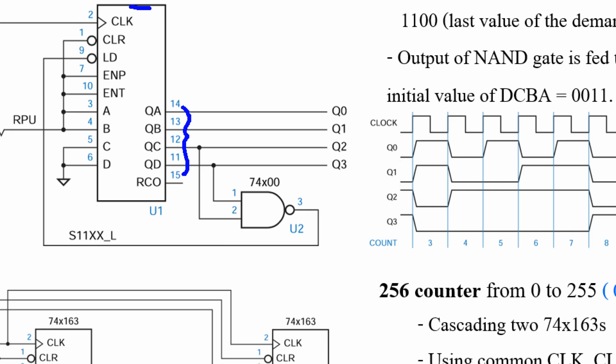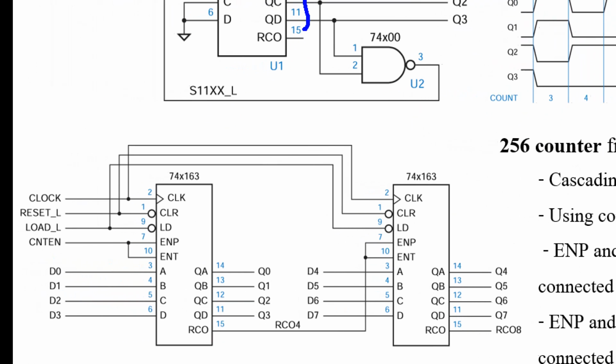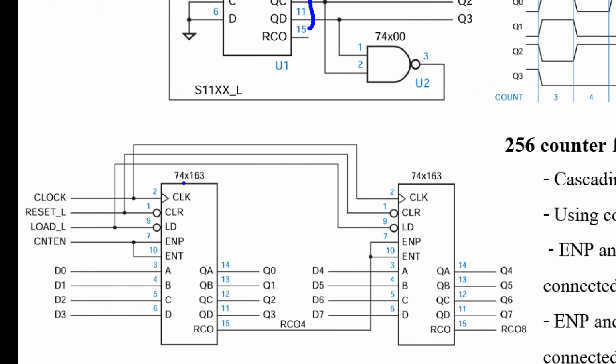But if you want to count more than 4 bits, for example 8 bits, you can use two 74163 ICs connected like this: use the same clock, same clear signal and same load signal, and counting enable.